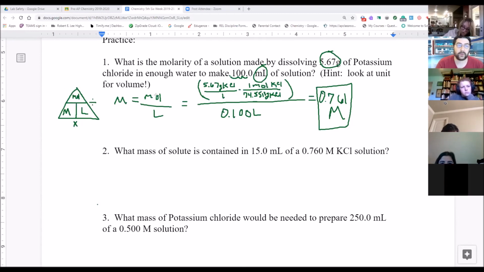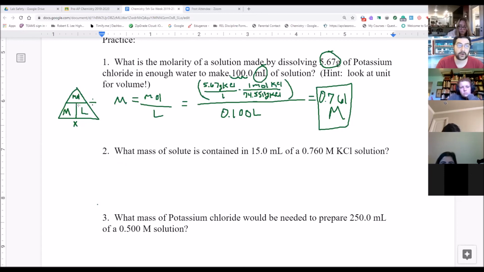So let's say that we were looking for moles, okay? If you cover up moles in that triangle, then what's left here is how you would set the equation up. Molarity times liters is equal to moles, okay? So you just cover up whatever thing it is that you're looking for.